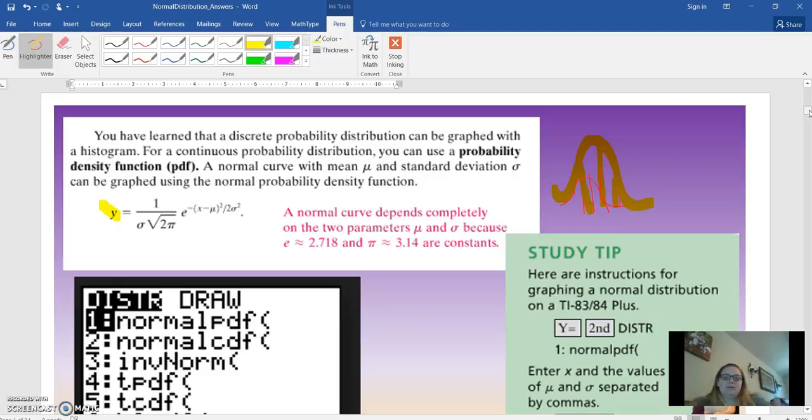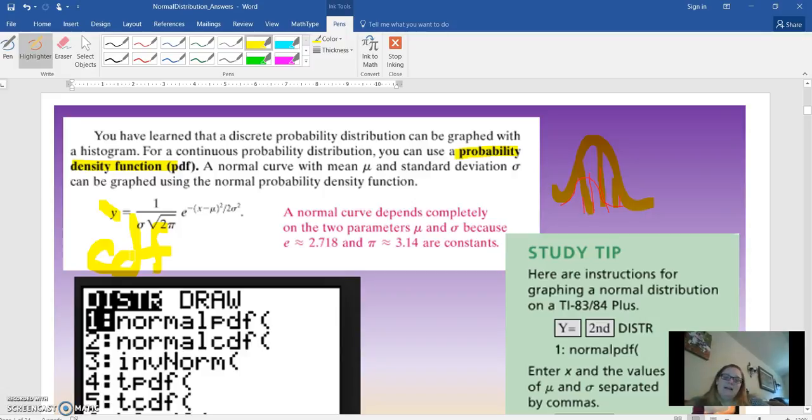All right, so we did discrete probability distributions. Now we're going to use what's called the probability density function, PDF, and we'll also use the cumulative density function, CDF.